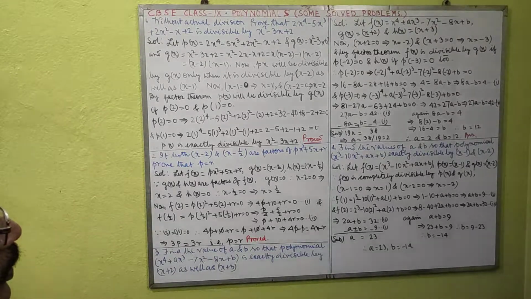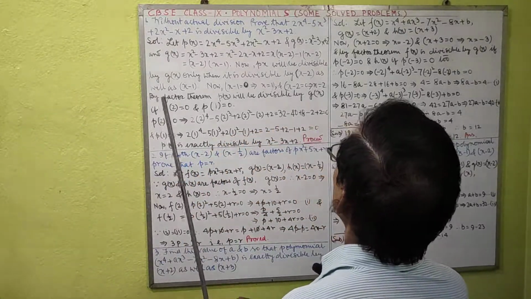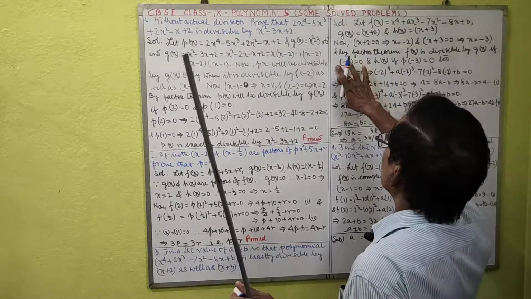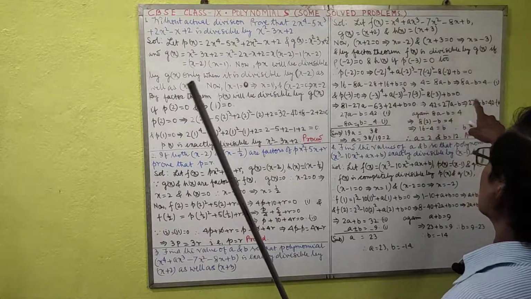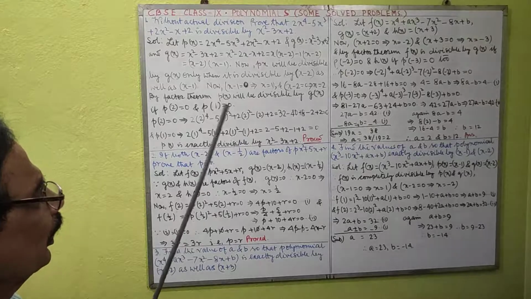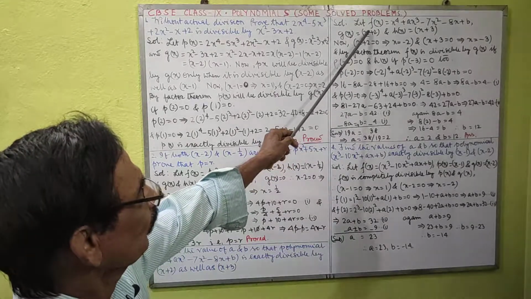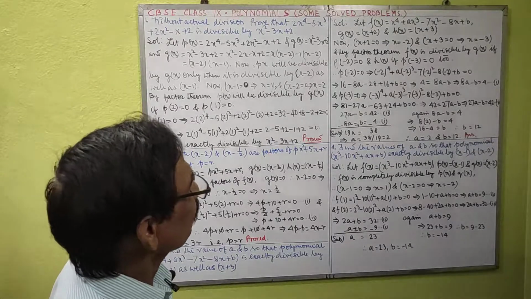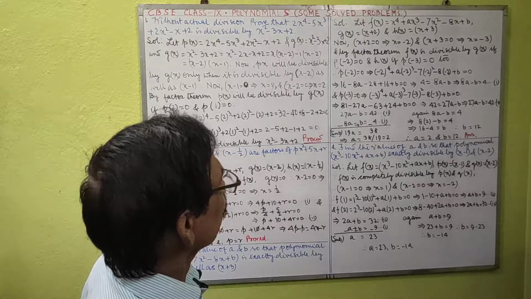By factor theorem, f(x) is divisible by g(x) if f(−2) = 0, and h(x) = 0 if f(−3) = 0.